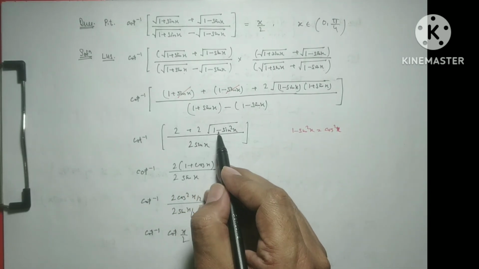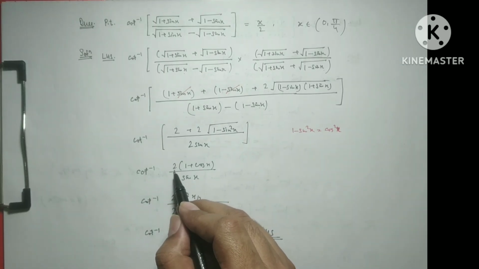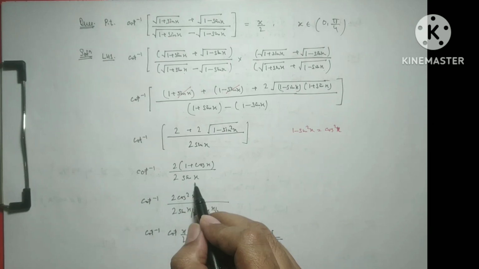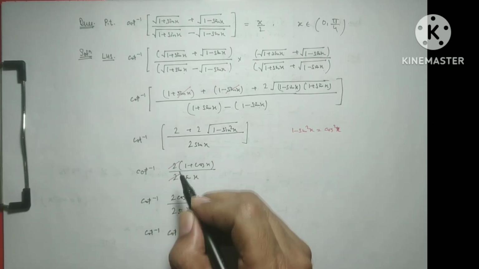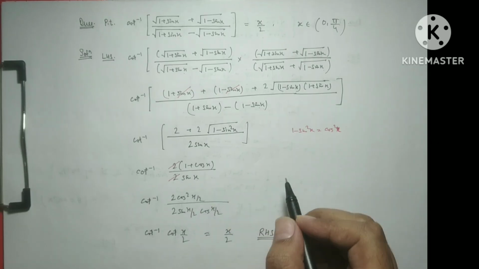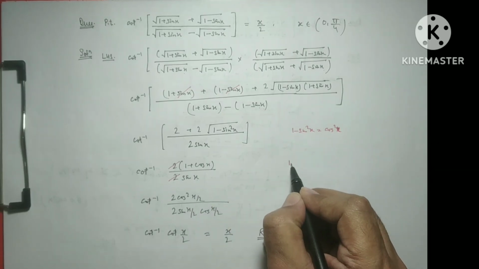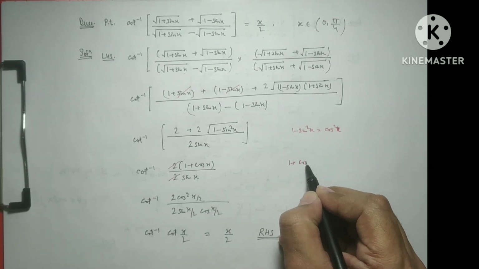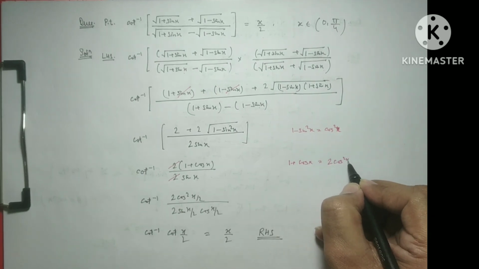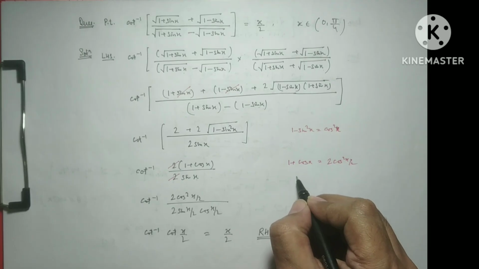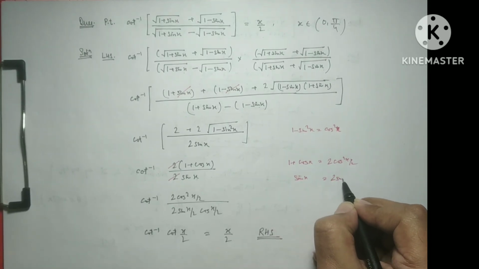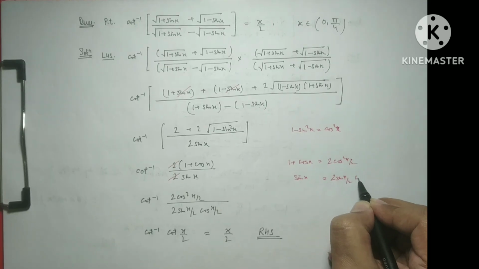So 2 plus 2 cos x, and taking 2 as common, 1 plus cos x divided by 2 sin x. So these 2 will be cancelled out. Right now we have 1 plus cos x and sin x, and in the half angle formula, 1 plus cos x equals twice cos square x by 2, and sin x will be converted into the half angle formula sin x by 2 and cos x by 2.